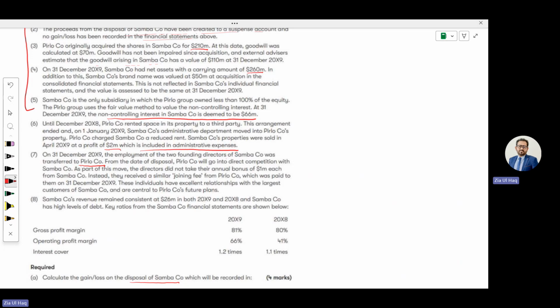Obviously, they will be able to attract the Samba company customers through these directors. That's why they have attracted them to Pirlo.